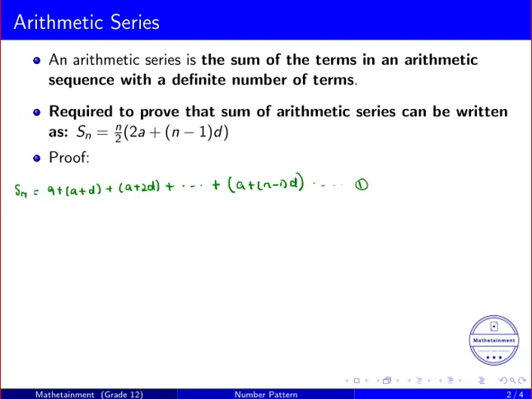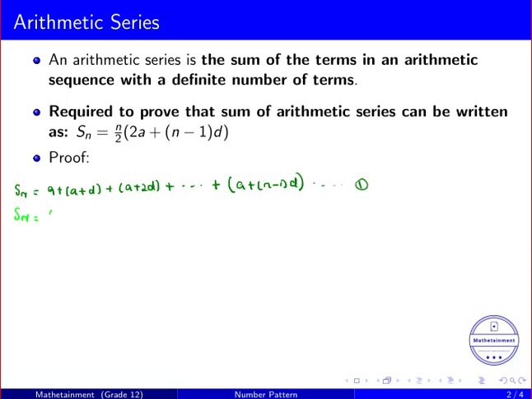I'm going to change the color for equation number 2. Our equation number 2 will be Sn is equal to, we start from the last term to the first term.